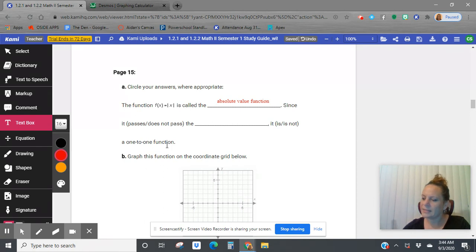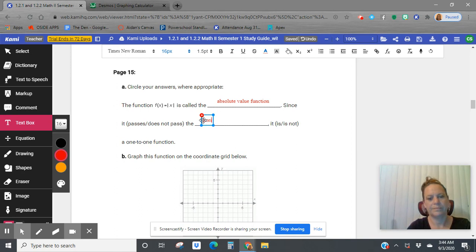Since it passes or does not pass the horizontal line test, we're thinking about this one for a second, and then we'll go look at the graph. So picture this absolute value function.